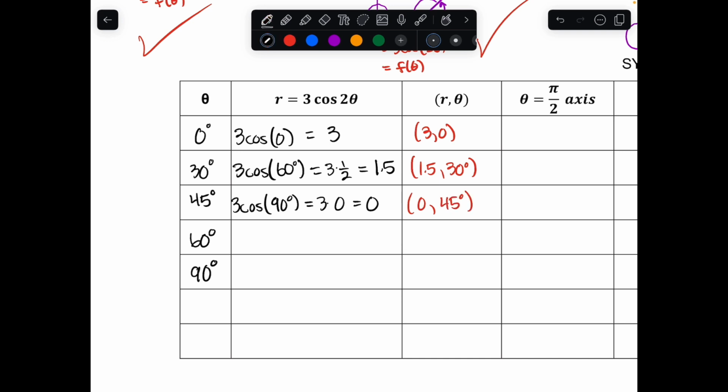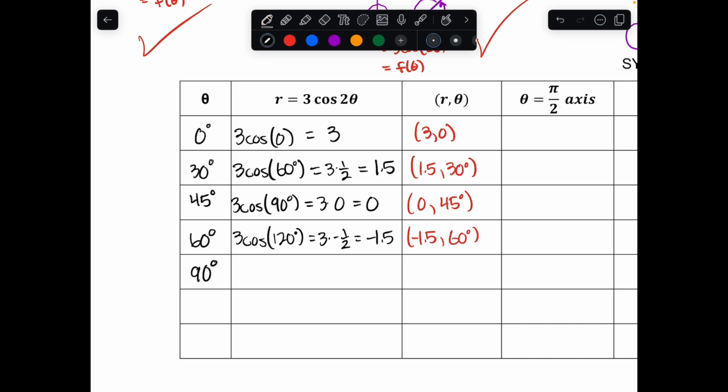Now, at 60 degrees, we have 3 cosine of 2 times 60 is 120, so 120 degrees. Now cosine of 120 degrees is negative 1/2. So we have 3 times negative 1/2, and so we have negative 1.5. So we have a point of negative 1.5 at an angle of 60 degrees.